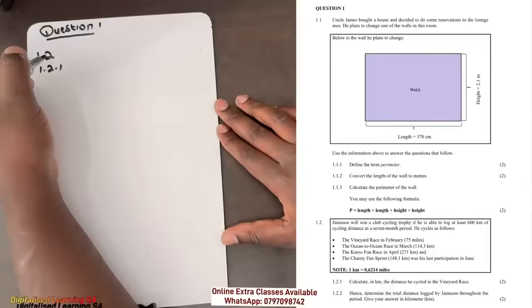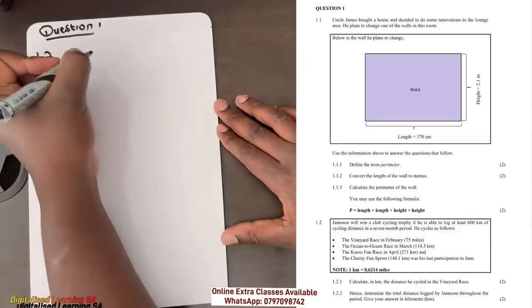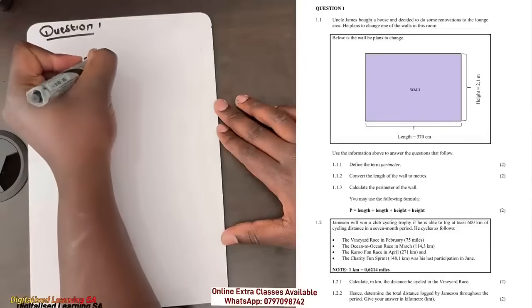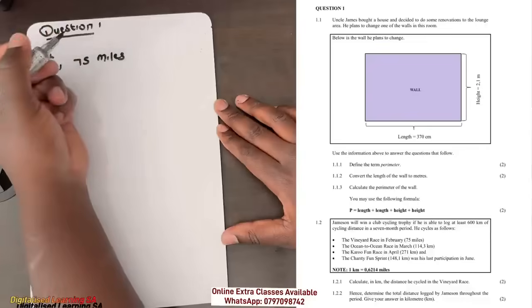Question 1.2.1 says calculate in kilometers the distance he cycled in the vineyard race. If we look at the vineyard race, we can see that the distance was given in miles. So we need to convert it back into kilometers.